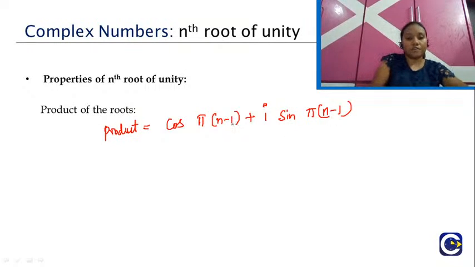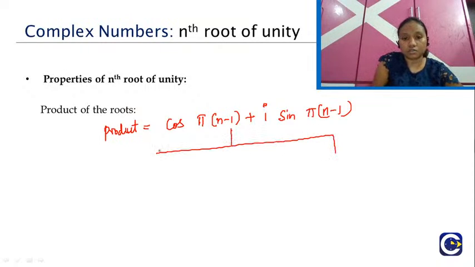Right, so the n value can be either even or odd, so we have two cases here. What will be the value when n is odd and what will be the value when n is even?